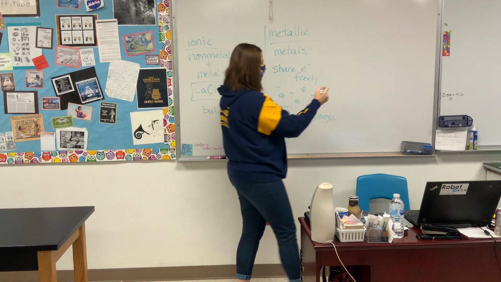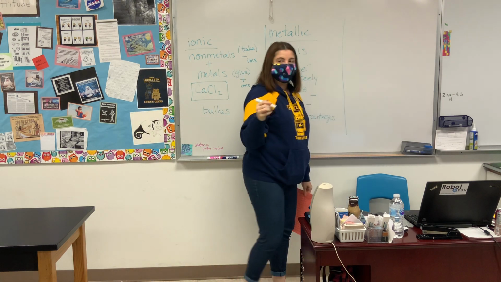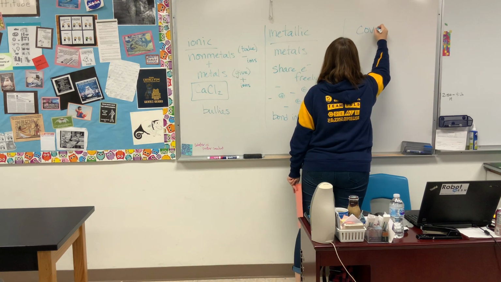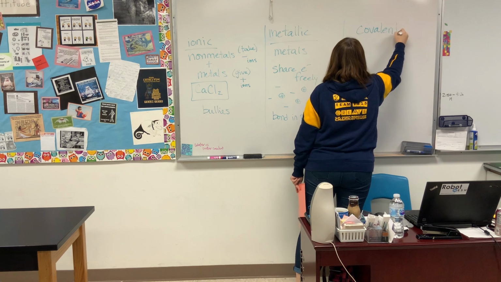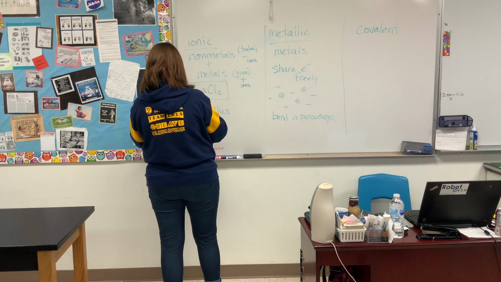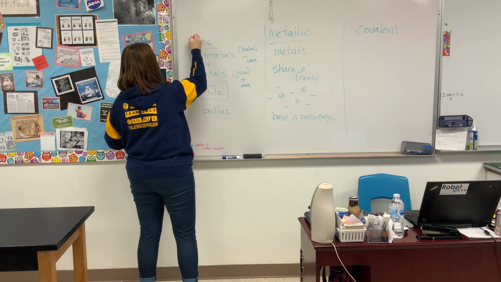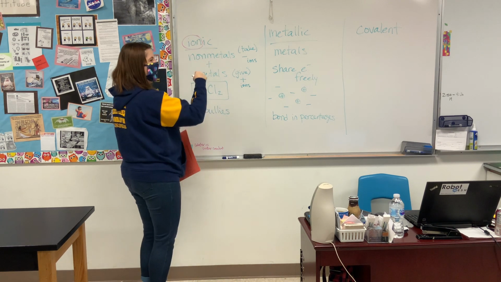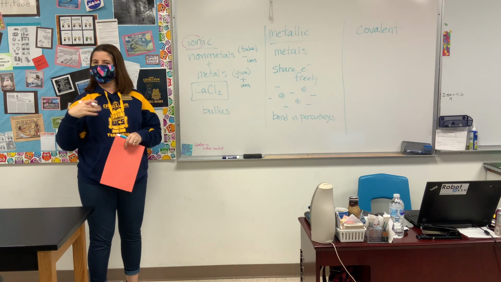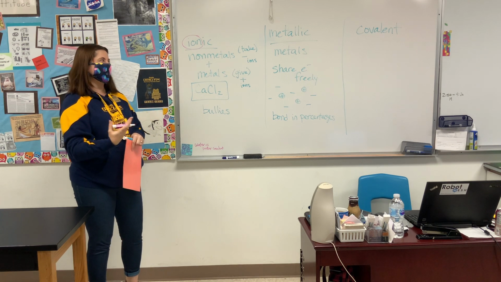Okay? And then the last one, which is what people should have finished up notes for, is our covalent bonds. If I need to remember this, I'm seeing ion. An ion is when I'm having this extra charge because we've had this change of electrons.